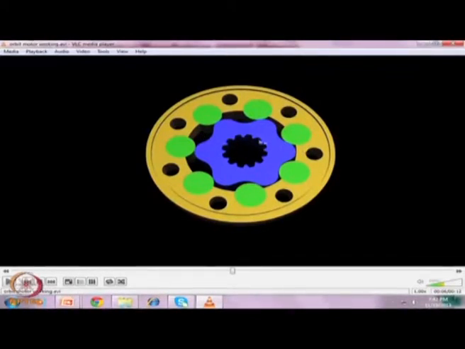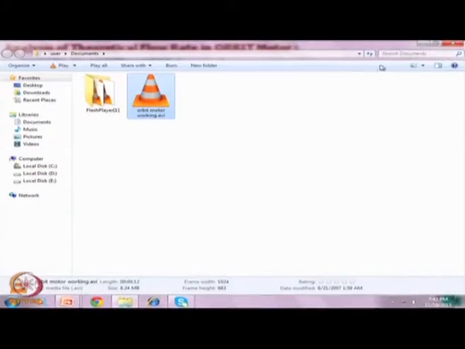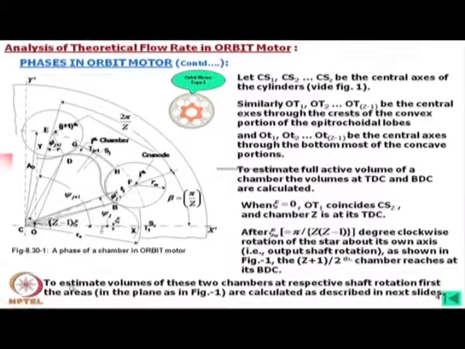Then this volume minus that volume will give the maximum volume displaced by a chamber. So we have to do this, but we must calculate this area now. This is what I have discussed, and it is told here.